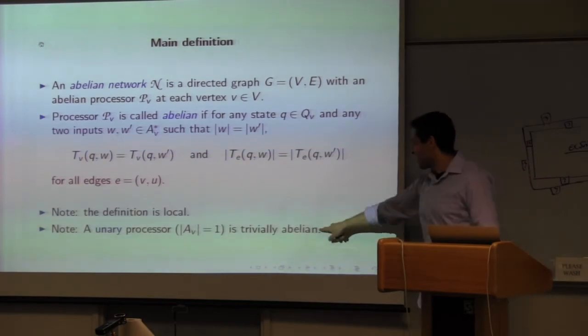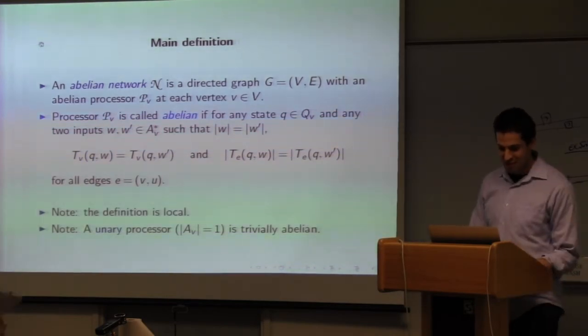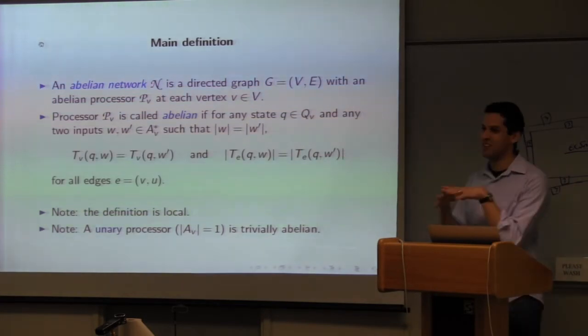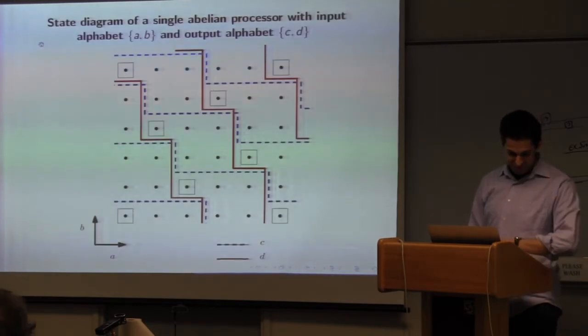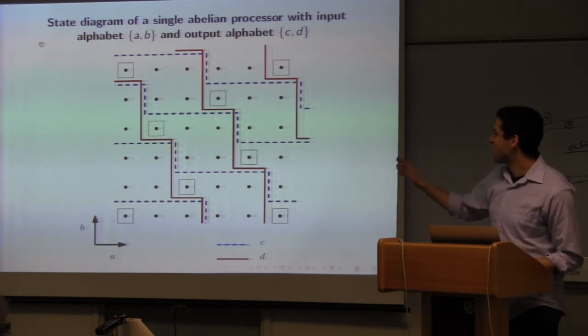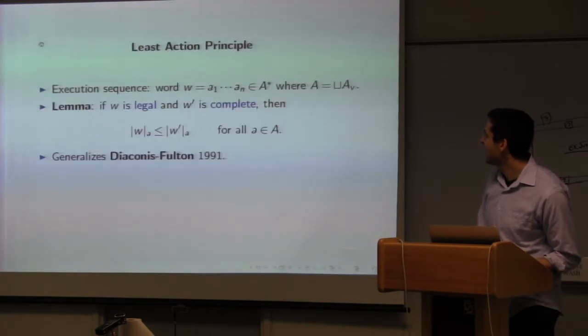This is going to be nice for us because what we'll show is that these purely local requirements actually imply a global abelian property for the whole network. There's a nice way of diagramming the states of a processor, which I'm going to skip for purposes of saving time.